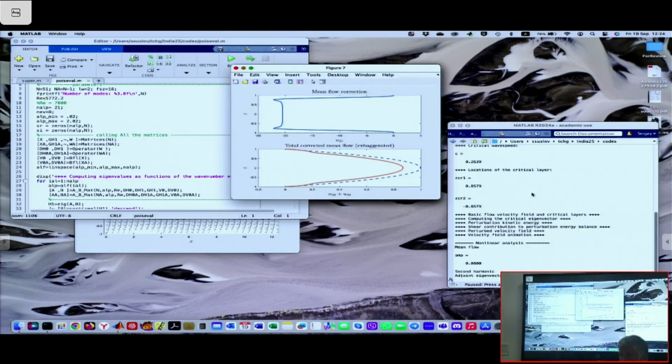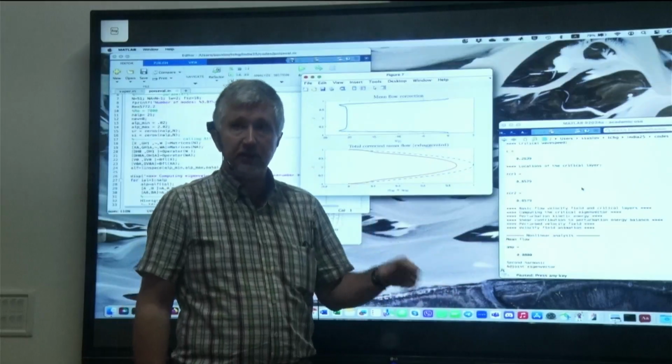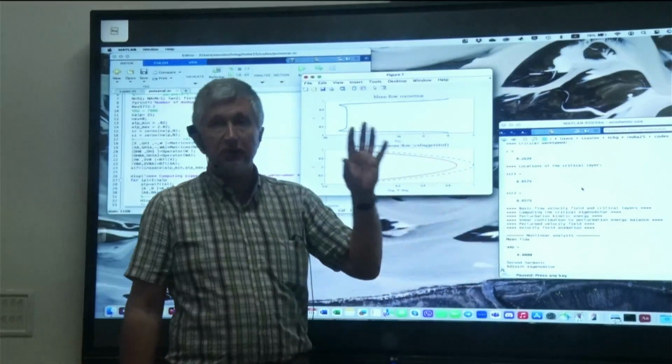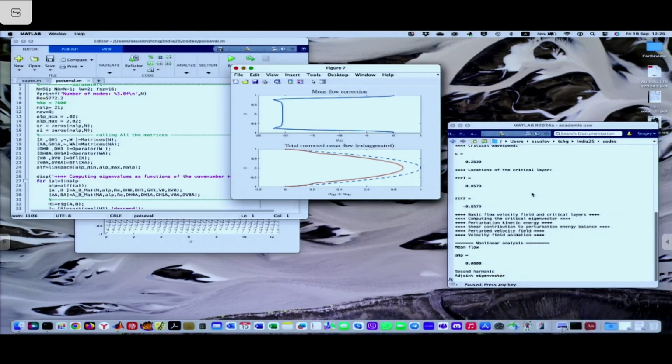the output which appears on the screen, you cannot read it, it's too small, but it says adjoint eigenvector. So what I implemented in this code, I used this adjoint operator mechanism, and it got stuck a little bit. The reason is that I formally need to solve the eigenvalue problem.